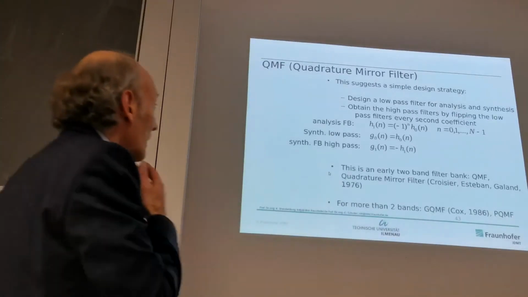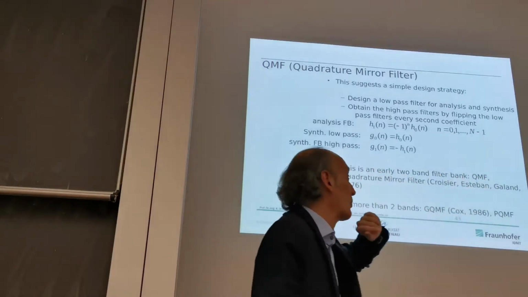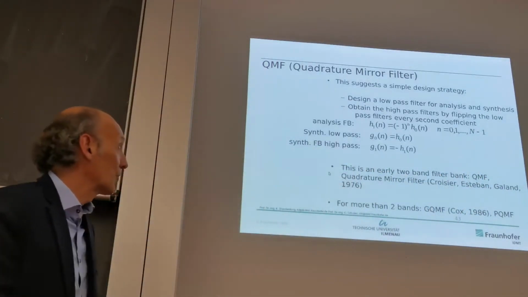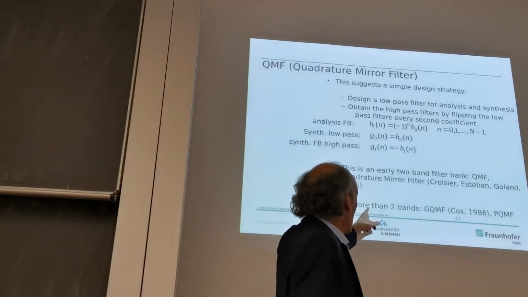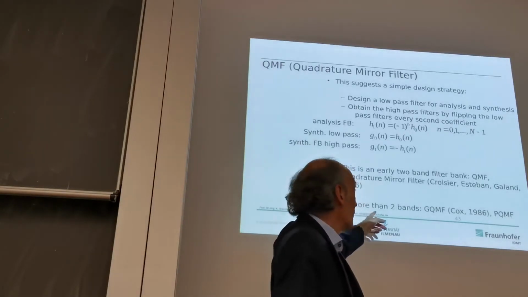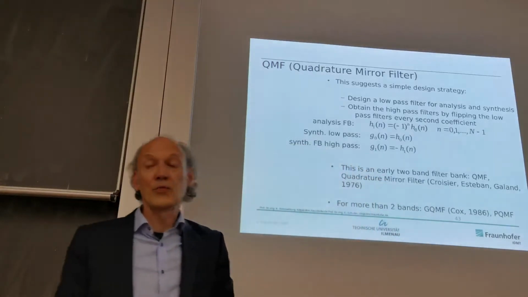Yeah, so this is an early two-band filter bank called the Quadrature Mirror Filter, QMF, from 1976. You can also try this with more than two bands, and it's called Generalized QMF, GQMF.